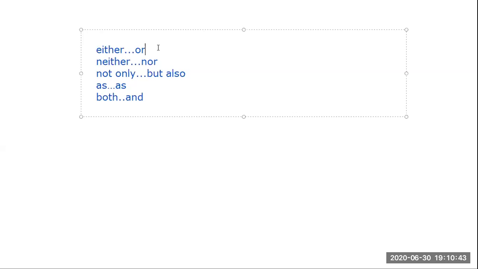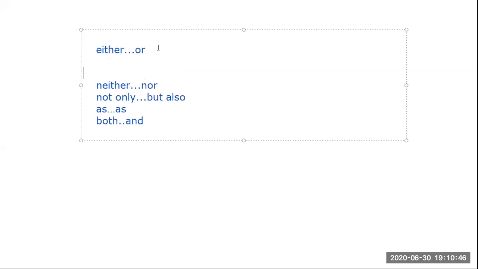So, when we use either or, we're talking about a choice we have of two things, a choice of two things. So, if you go to a restaurant and you see two nice things on the menu, you think about the two things.